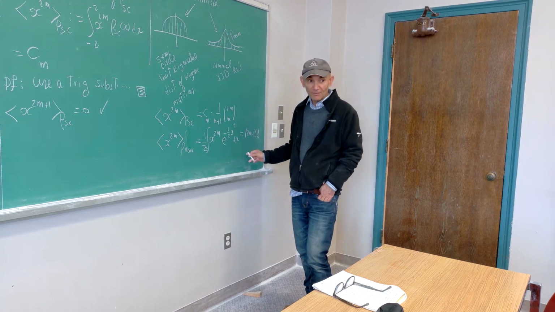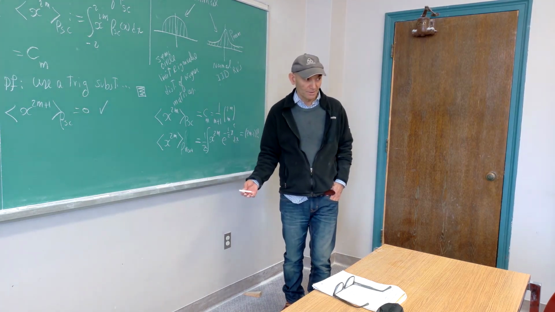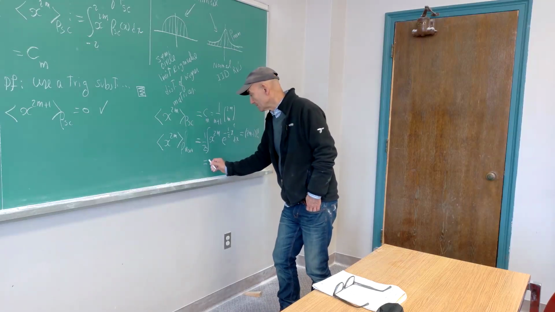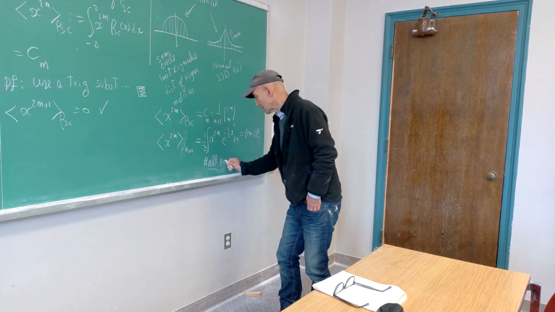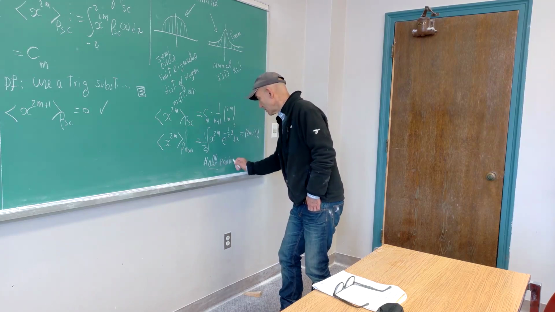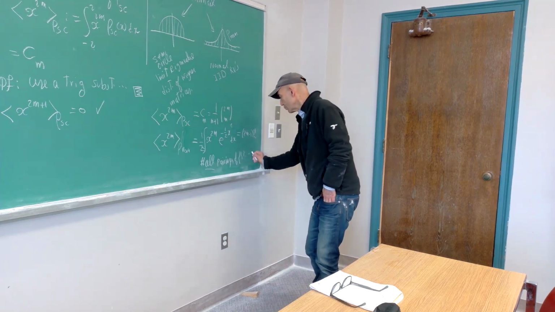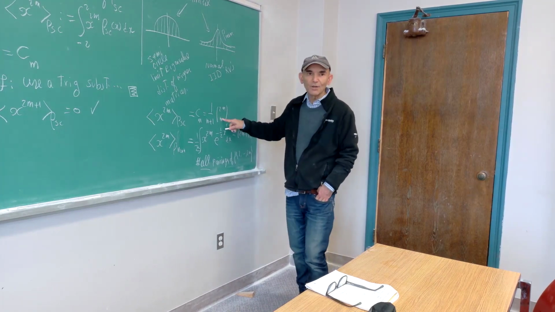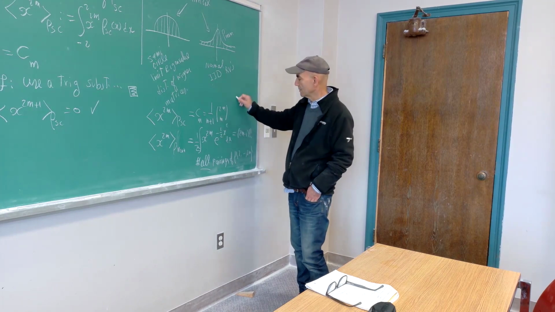So (2m minus 1) double factorial is the number of all pairings of 2m objects, 1, 2, and so on. But the Catalan number is the number of non-crossing pairings.